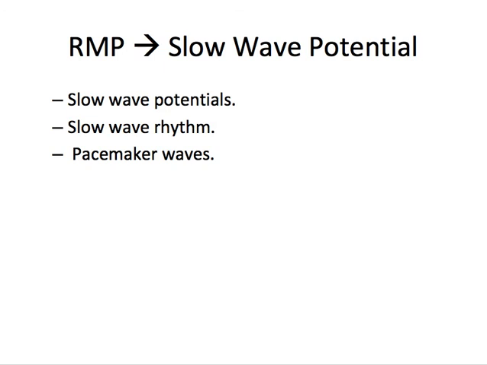Now the question is, what is slow wave potential? In visceral smooth muscle of intestines, resting membrane potential becomes alternately more and less negative. And this is called slow wave potentials, slow wave rhythm, or the pacemaker waves.